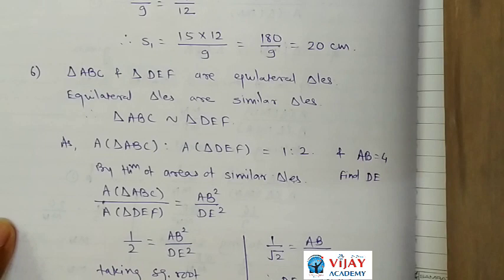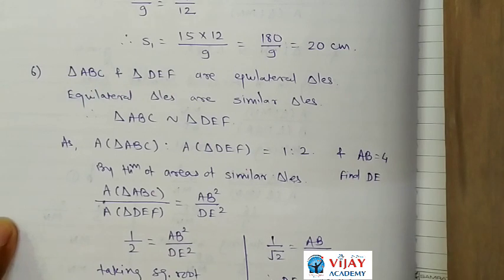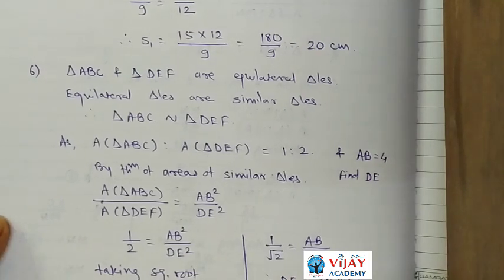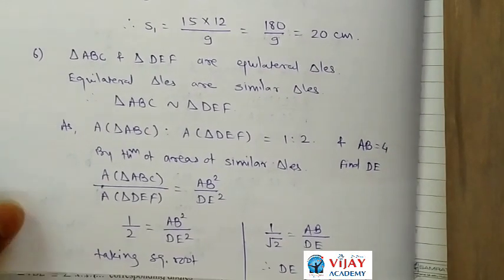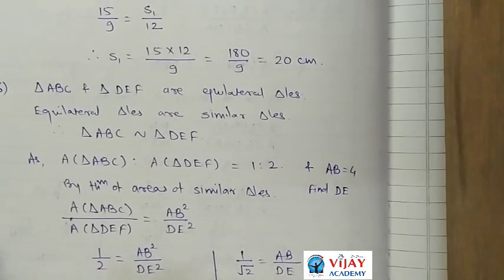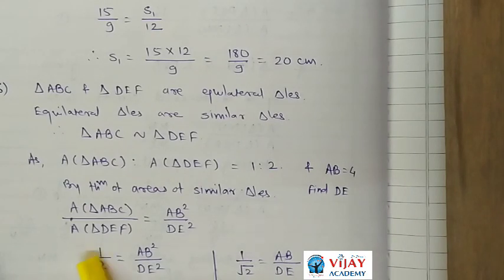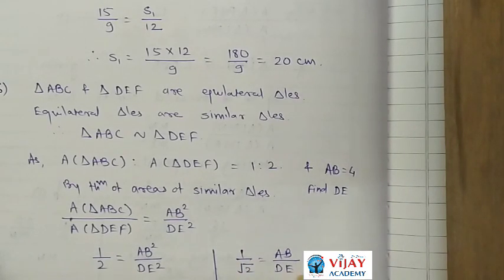By the theorem of areas of similar triangles, area of triangle ABC upon area of triangle DEF is equal to AB square upon DE square. Now substitute the values: 1 upon 2 is equal to AB square upon DE square. Now taking the square root, we get 1 upon root 2 is equal to AB upon DE.